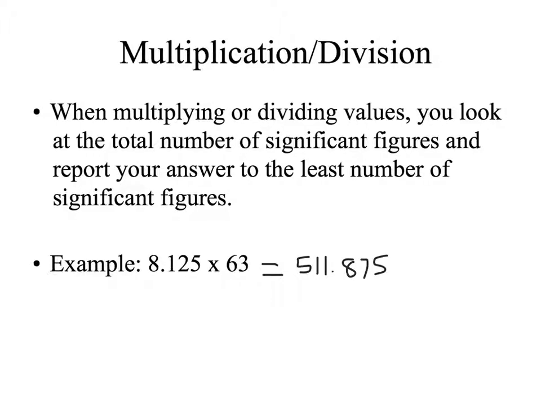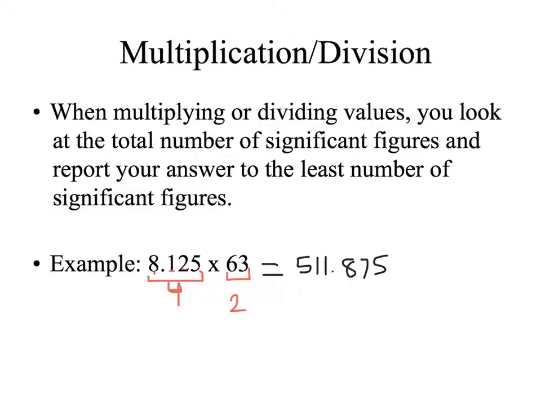511.875. So this is a number from the calculator, but we can only report our answer to the number of sig figs that are present in the value with the least. So here we have 4 significant figures. Here we have 2 significant figures.